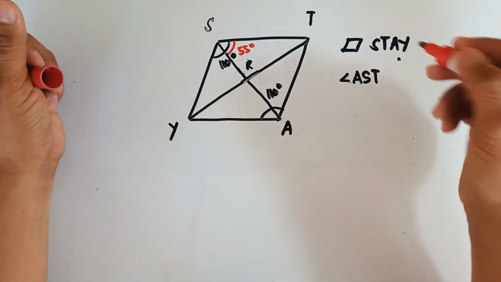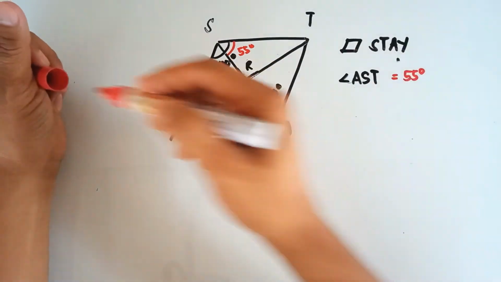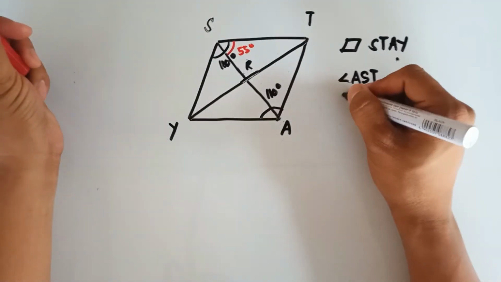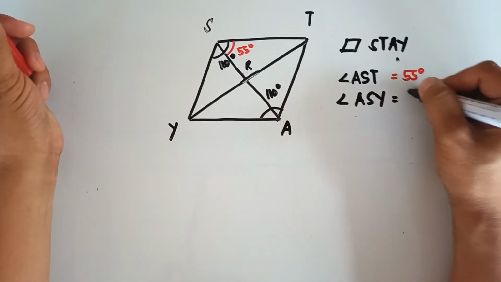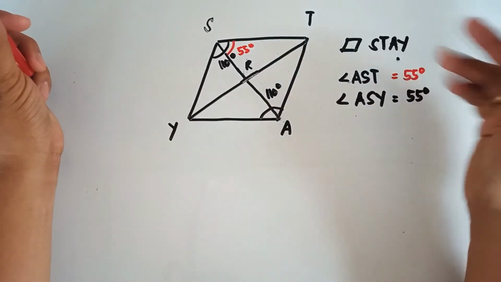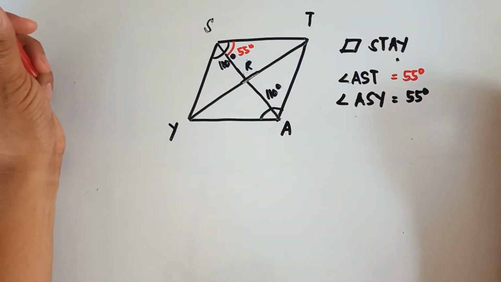And this is 55 degrees. Also, angle ASY is also 55 degrees, because the diagonal bisects the opposite angles.